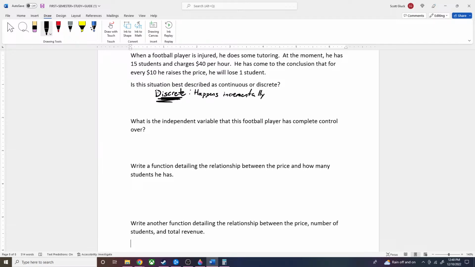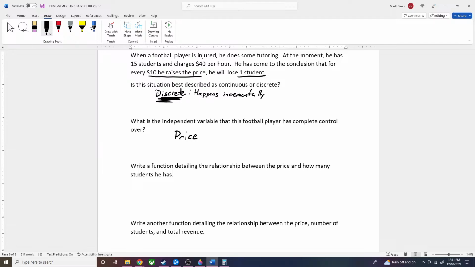But you get to decide this one thing. And in this case, we've established that there is a relationship between the price and the number of students. And specifically, price is going to determine the number of students. Therefore, price is the independent variable. This player decides how much he's going to charge, and then he has a number of students based upon that.